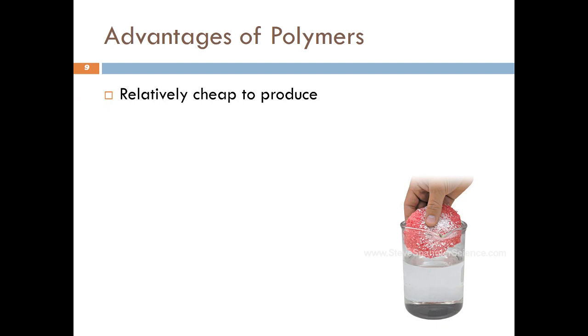Now, a lot of these polymers replace traditional materials like wood or paint. A lot of paint in the past used to contain lead, which was toxic, and in old houses, when you're scrubbing the paint off, you still need to wear masks to protect yourself from absorbing lead.